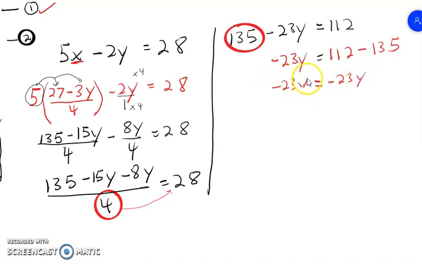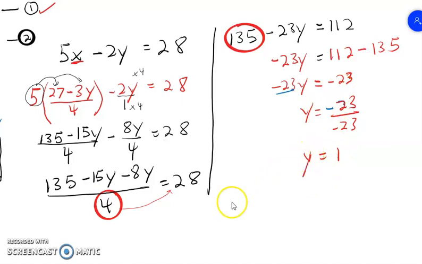The next step, we move this negative 23y to the opposite side. Oh sorry, here is supposed not to have a y. That's 3. Now 23 divided by negative 23, and you are getting your answer, y equals 1.